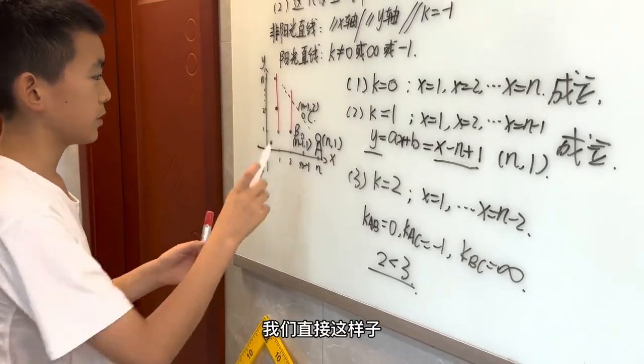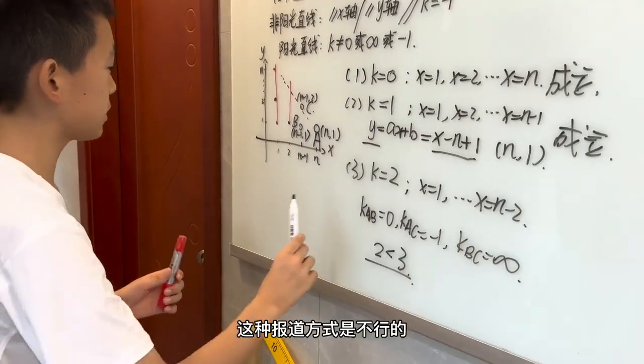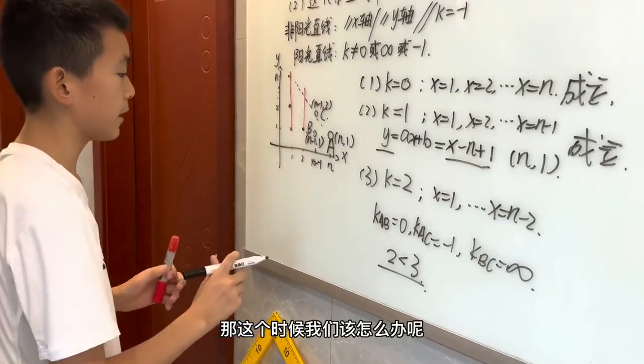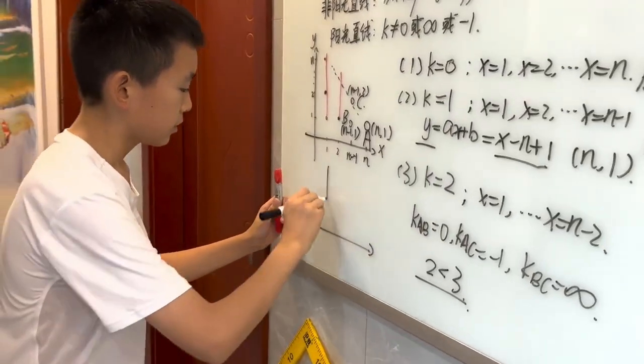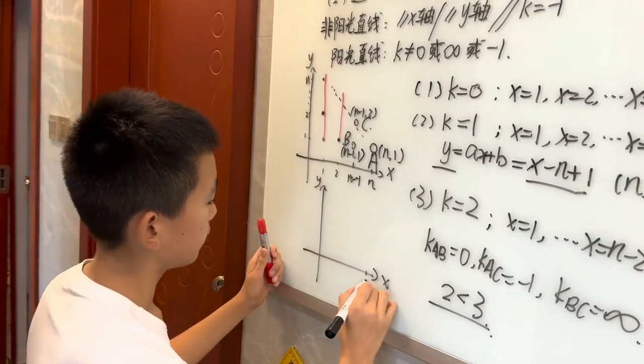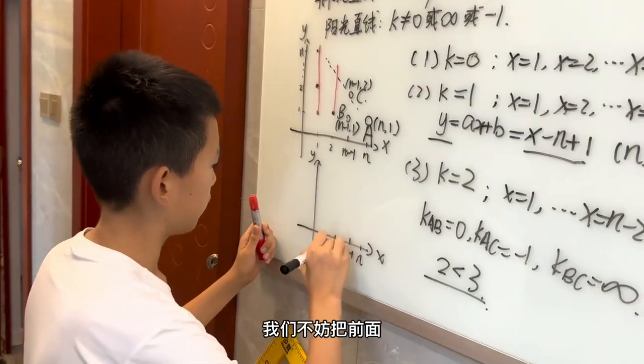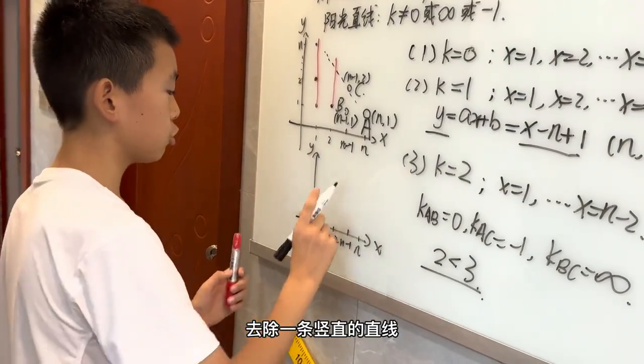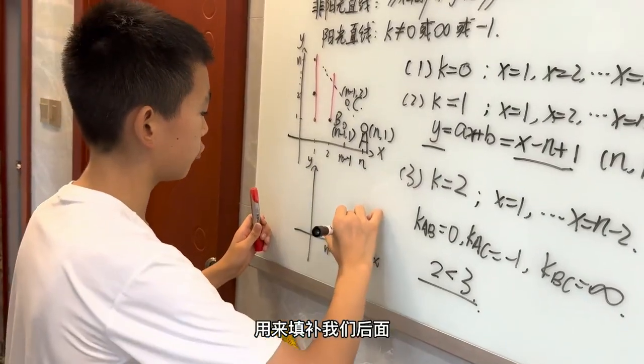In other words, this way of covering is not good. So what should we do at this time? We might as well remove a vertical line in front to fill the place behind.